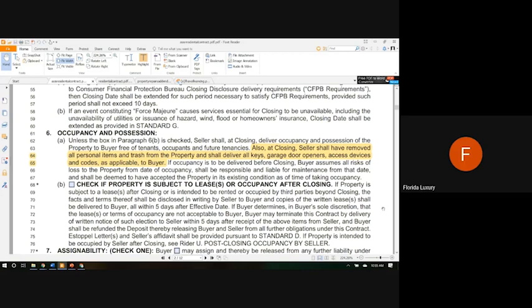There have been a lot of issues with this, where the sellers leave stuff and the buyer goes, well, what can I do? Well, technically your contract says the seller will have it removed. So the seller can either get somebody over there to get it done before closing, or the seller can cut you a check at closing for you to have it done. But the seller's obligation is that they will remove all of that, and they will provide all keys.